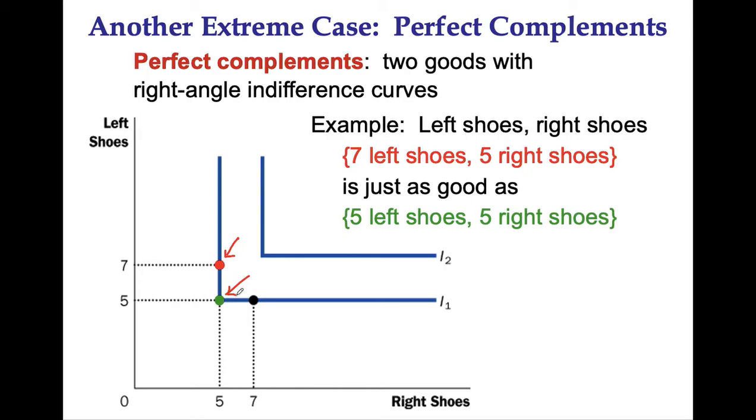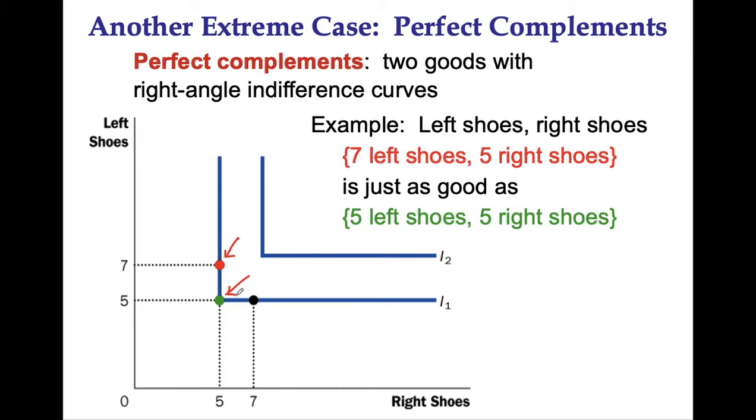So having more left shoes doesn't increase the satisfaction of the consumer. Having 7 left shoes with 5 right shoes gives as much satisfaction as having 5 left shoes and 5 right shoes.